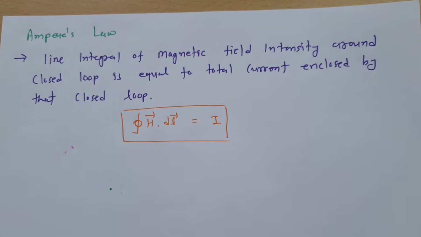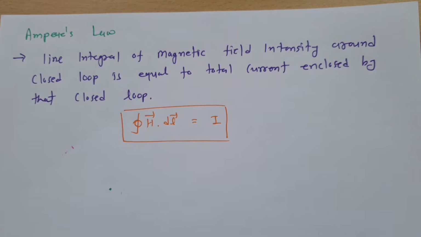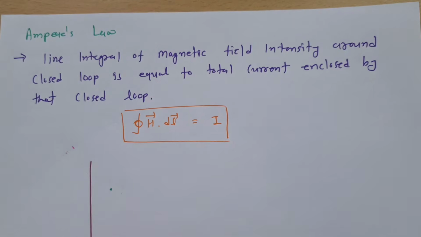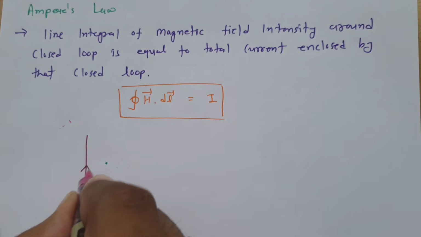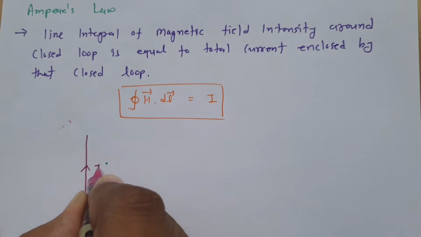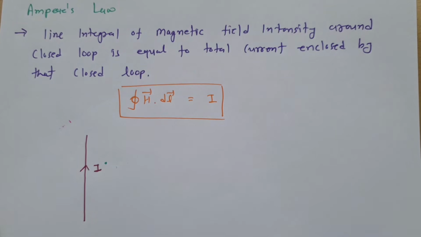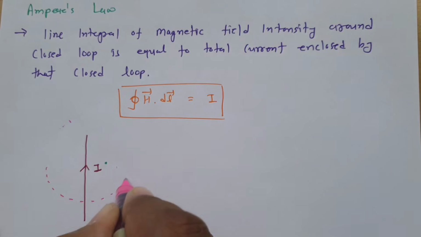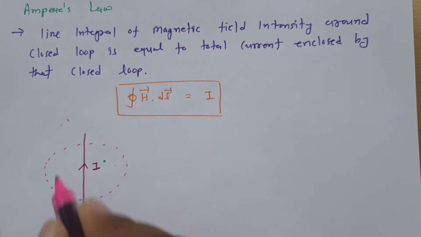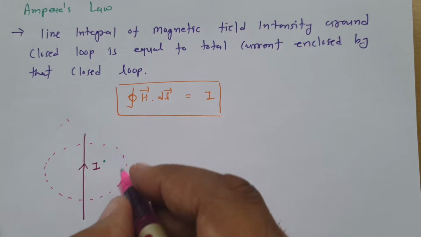Now let us try to understand this with some basic understanding. If I give you a wire, and through this wire current I is passing, then there will be a magnetic field. In the previous session I explained the Biot-Savart law.